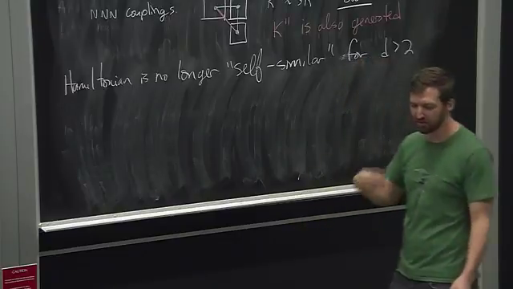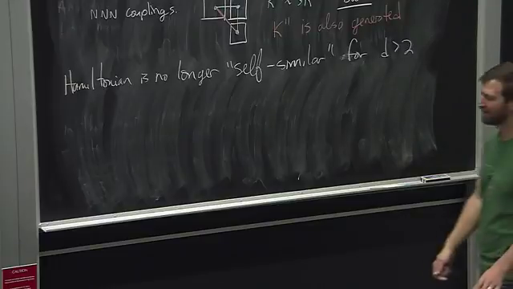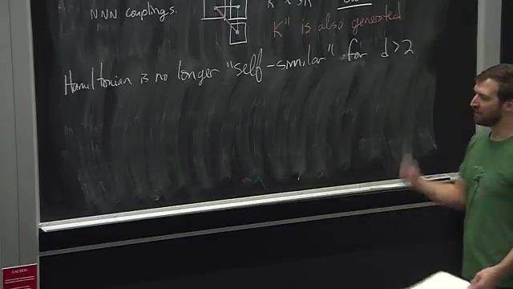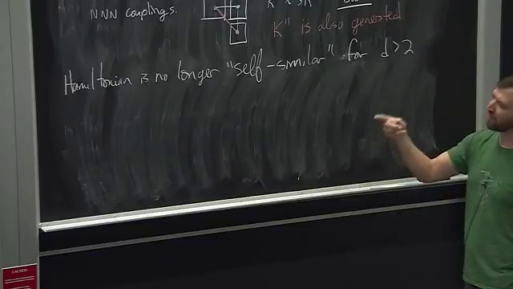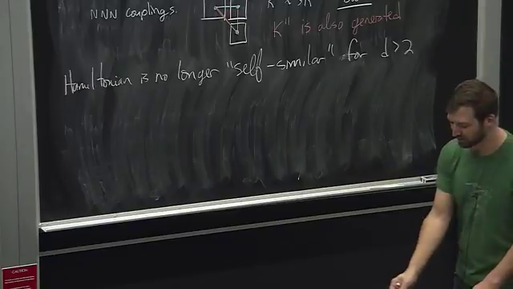And as you keep iterating in higher dimensions, you'll generate all interaction parameters consistent with all the symmetries. So you'll get K triple prime, and all these different Ks. And at some point, your Hamiltonian becomes long range, and it doesn't make any sense. You can't do this type of analysis anymore because you've generated all those couplings.